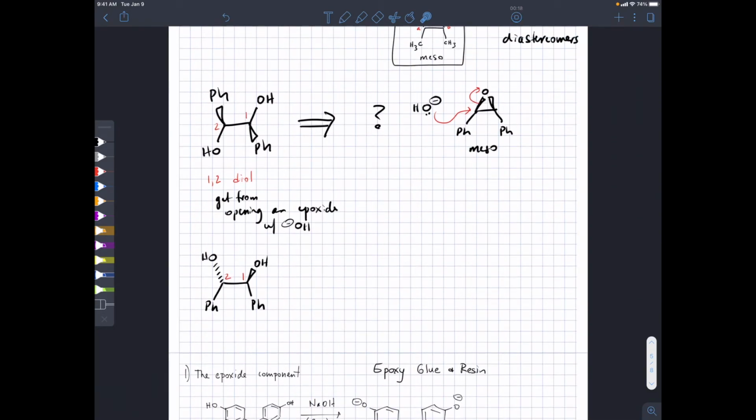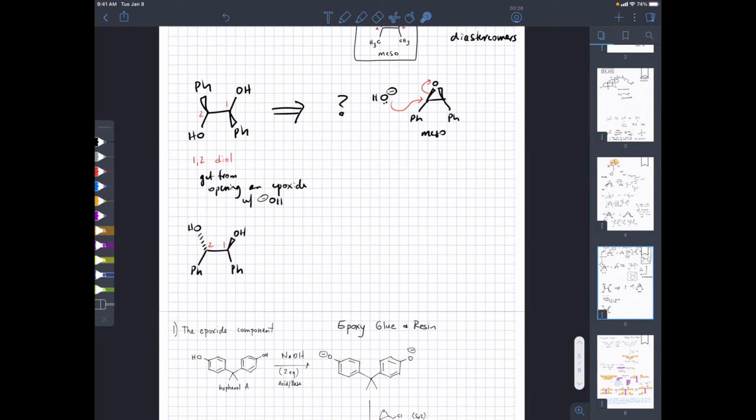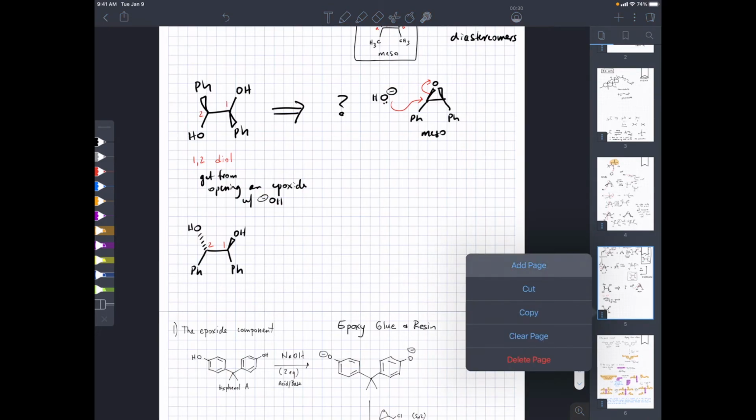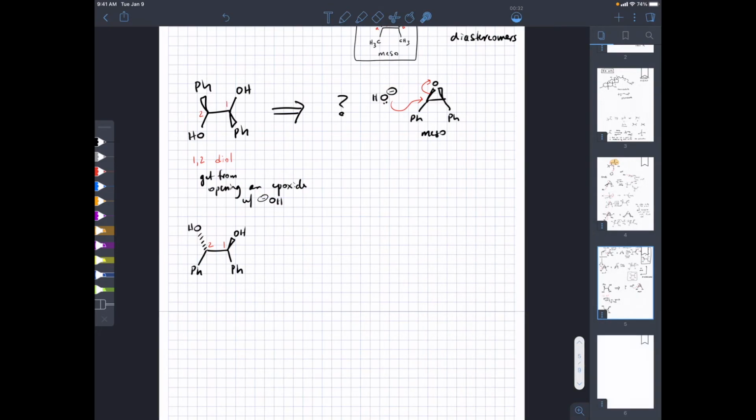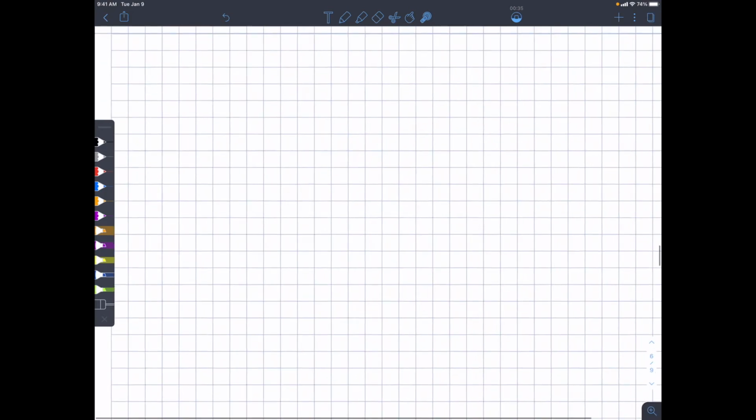I wanted to tell you about epoxy glue, but we may have to save that for Monday because there's one more thing we need to deal with. And that is that so far I've shown you how to open up epoxides that have identical carbons.